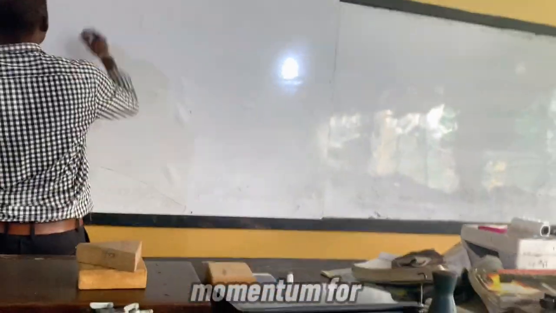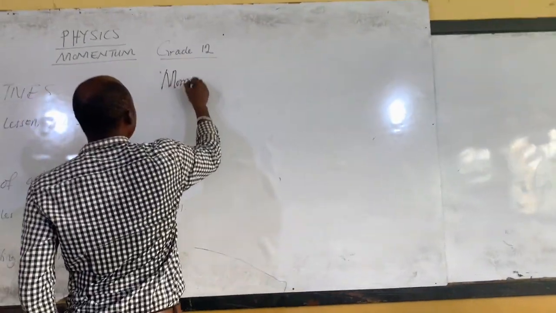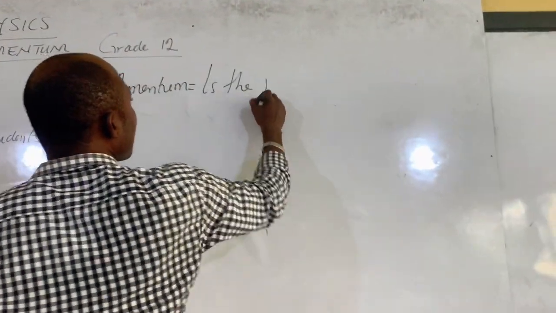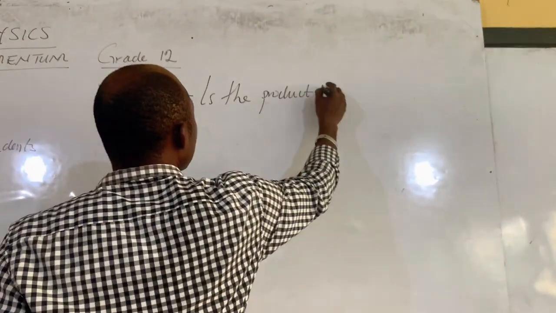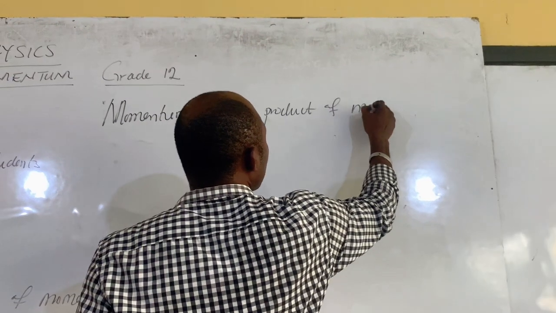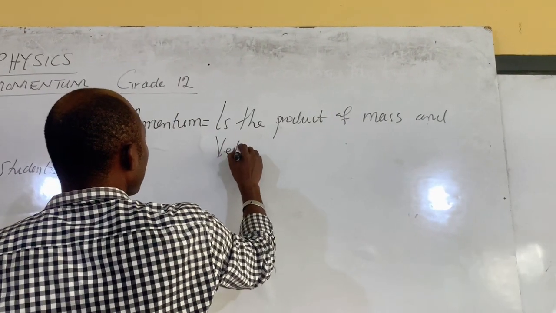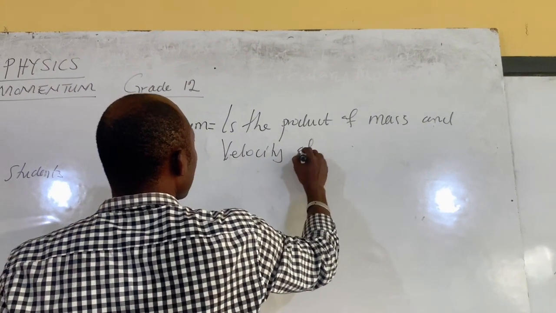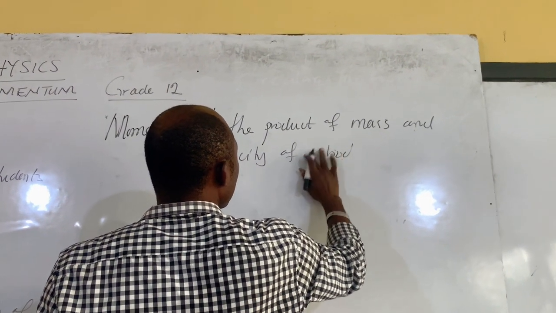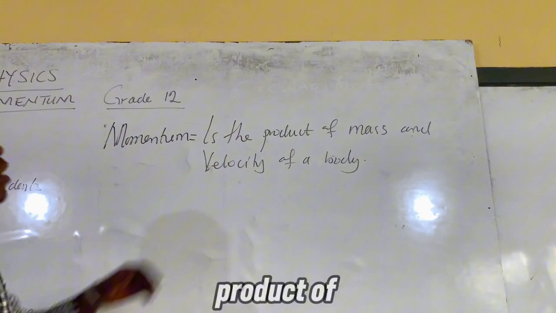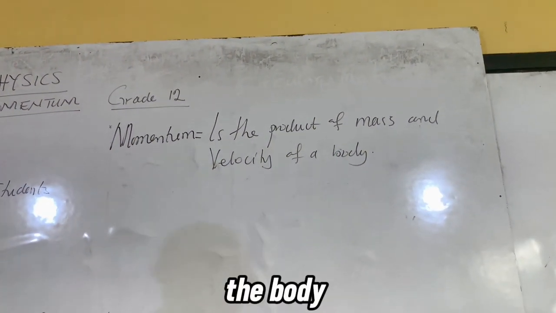So we said momentum is the product of mass and velocity of a body.